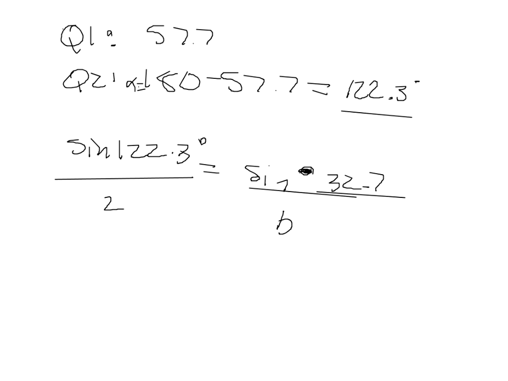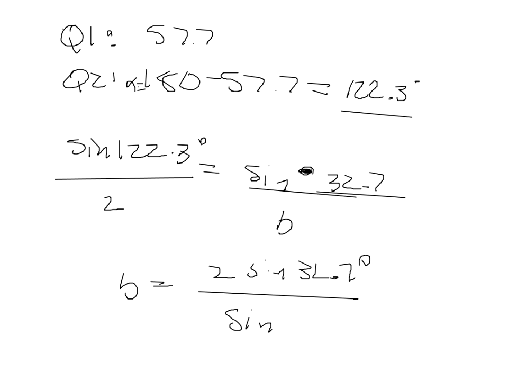Over the thing I'm trying to solve for, which is B. Okay, so B is equal to 2 sine 32.7 over sine 122.3 degrees. And that gives me B equals 1.28.